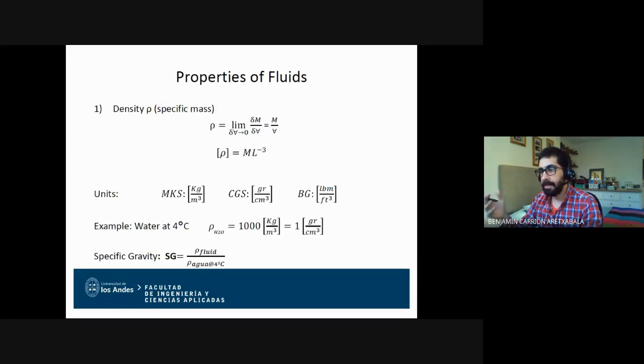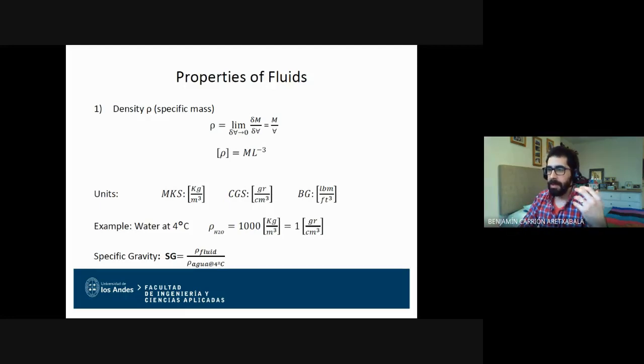So density has units of mass over length to the power 3, and typically can be expressed in grams per cubic centimeter. I'm sorry, kilograms per cubic meter, etc. Any measure of mass divided by any measure of volume.